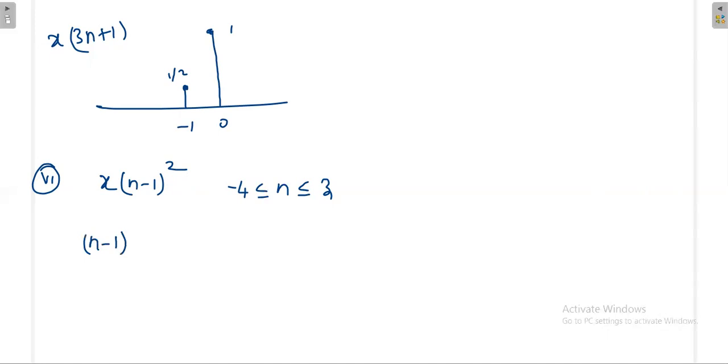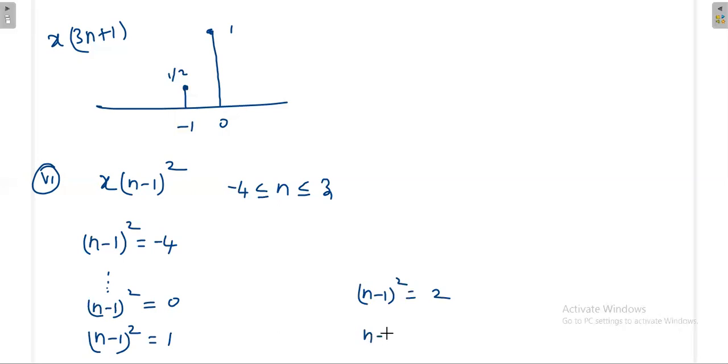n minus 1 whole square is equal to minus 4, and similarly for minus 3, minus 2, minus 1, and you can also apply for 0, 1, 2 and 3.